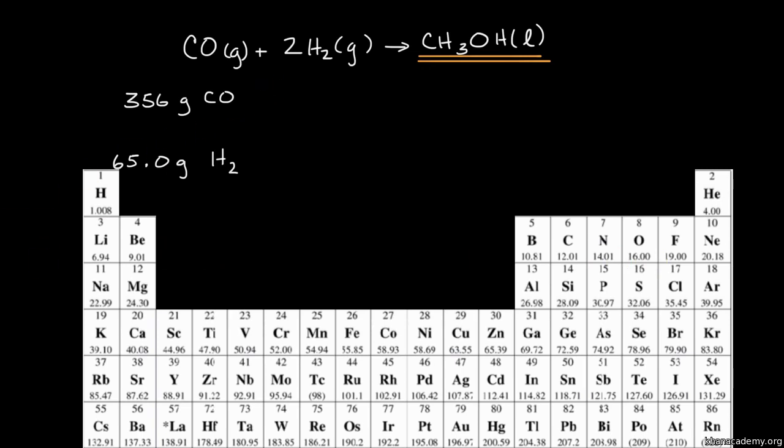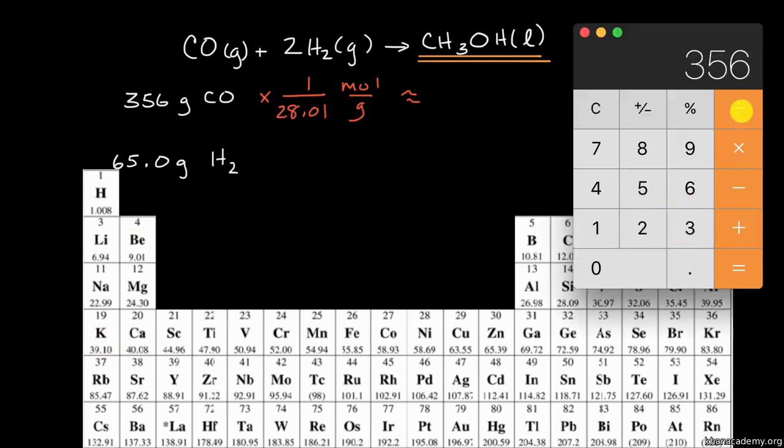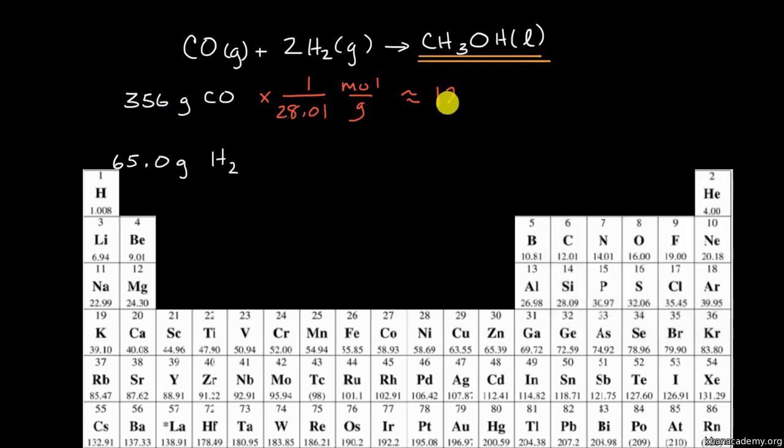And if we want to convert to moles, we're going to have to multiply this times moles per gram. For every 1 mole, we just figured it out, 28.01 grams. And this is going to be approximately equal to 356 divided by 28.01, and we have 3 significant figures here and 4 here, so I'll round to 12.7 moles, approximately 12.7 moles.